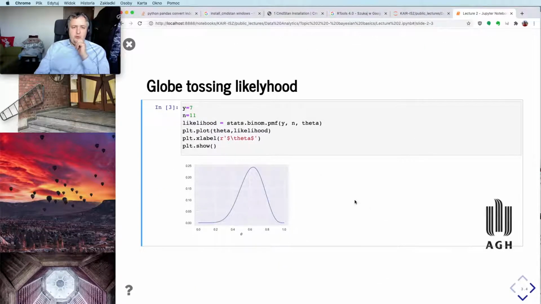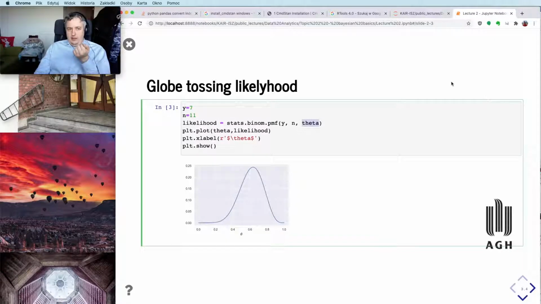Our likelihood is just a binomial probability mass function from the stats package in SciPy, and we can compute this function for different values of theta, then plot it and show it here.